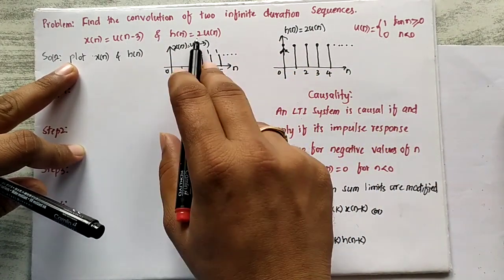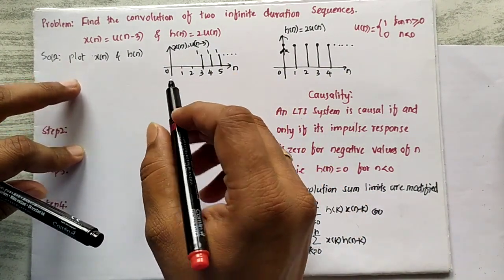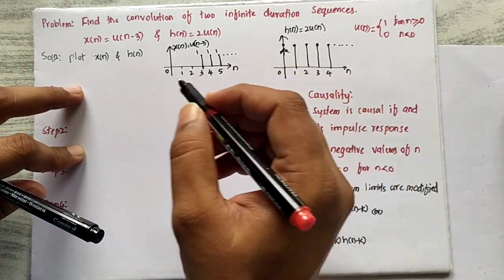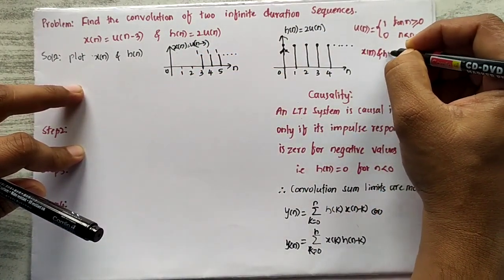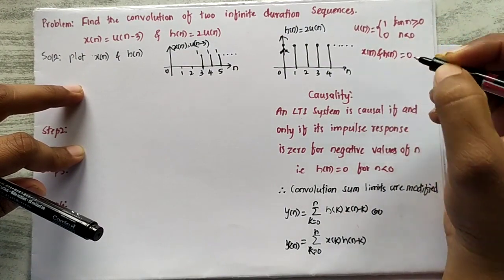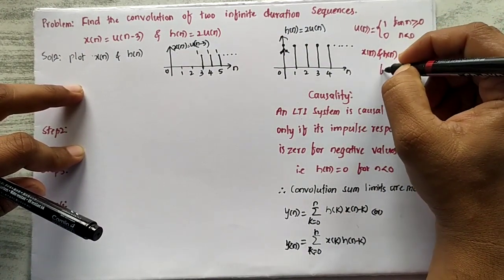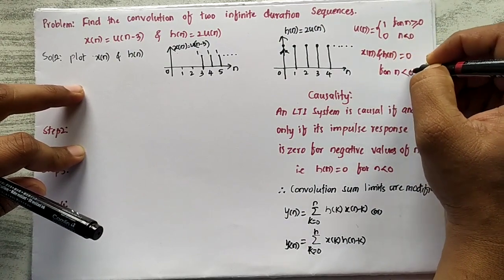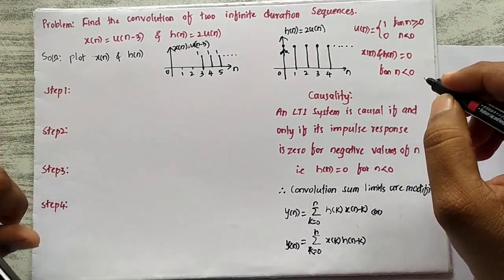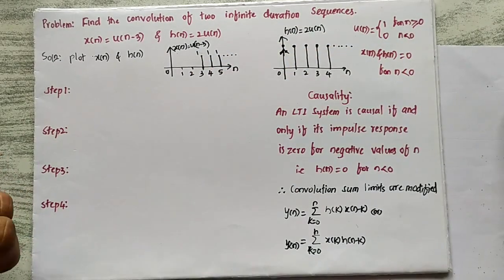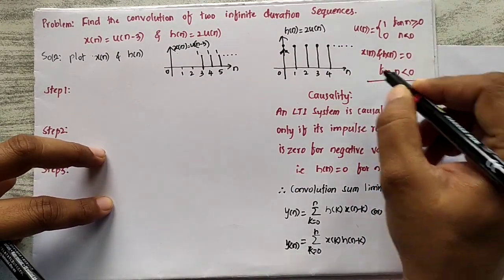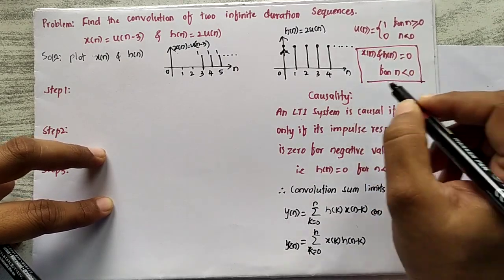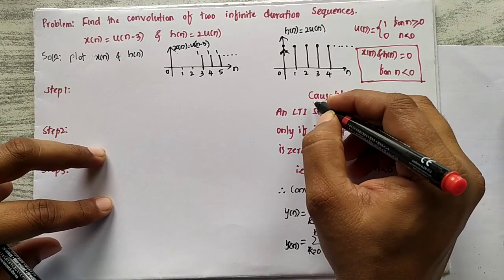So for both, we can consider that x of n and h of n are equal to 0 for n less than 0, that is, for negative values of n both signals are 0. There is one more property of an LTI system which tells us about this condition, and that is causality.